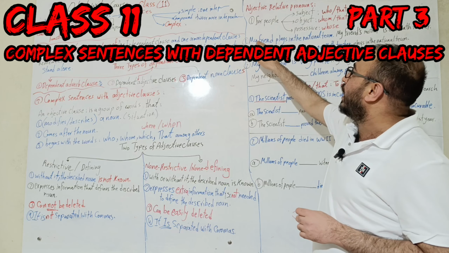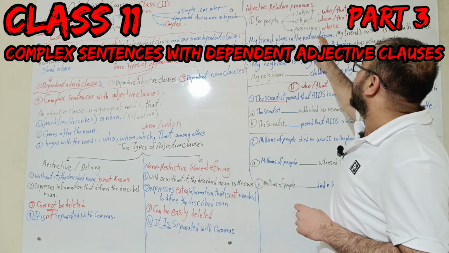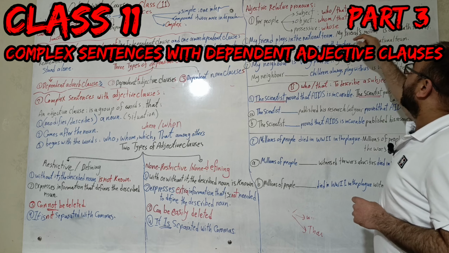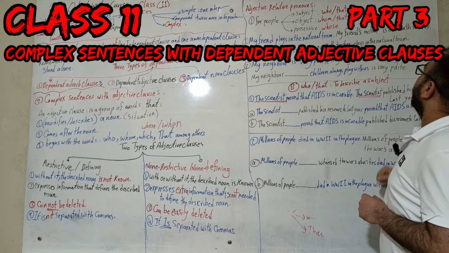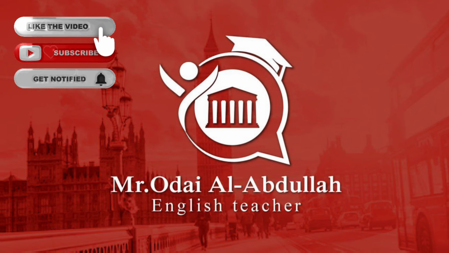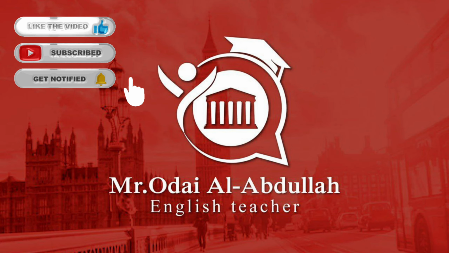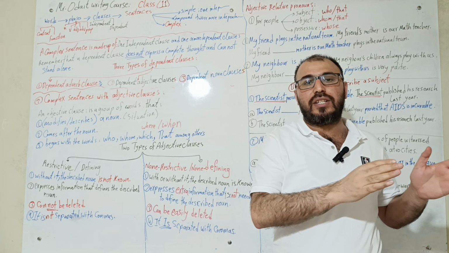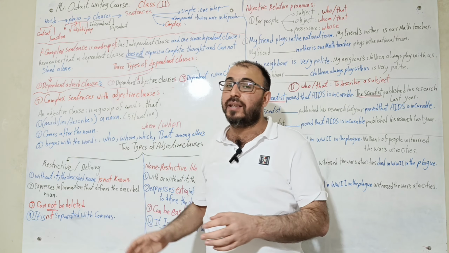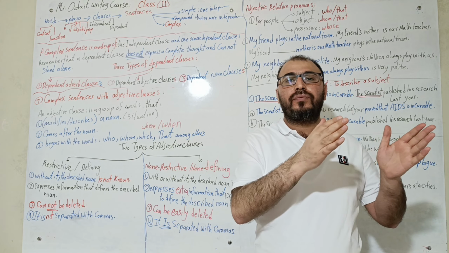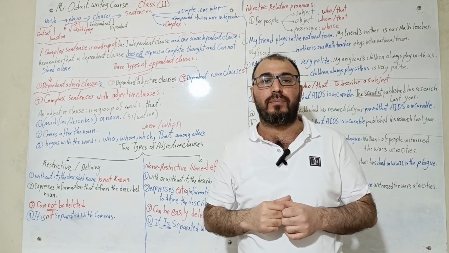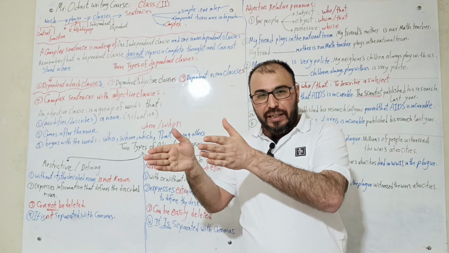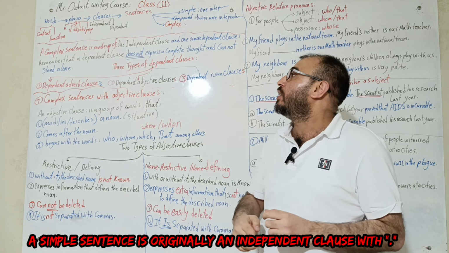Here, my friends, we have: my friend plays in the national team, and I have the second simple sentence: my friend's mother is our math teacher. Again, my friends, the main reason we use relative adjective clauses to make complex sentences is to merge two simple sentences into one complex sentence, of course by transferring one independent clause into a dependent clause.